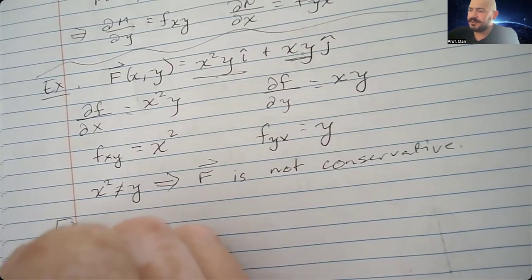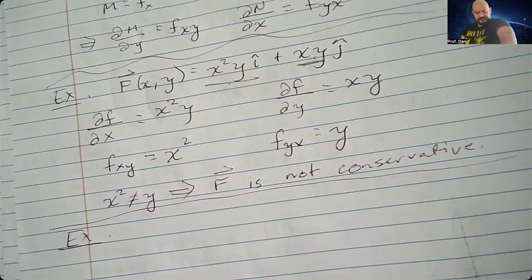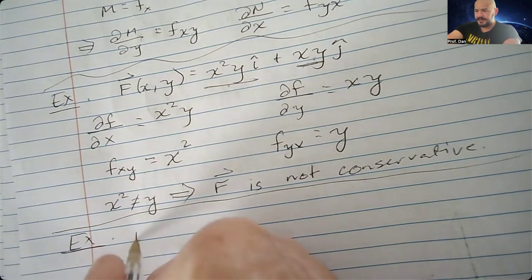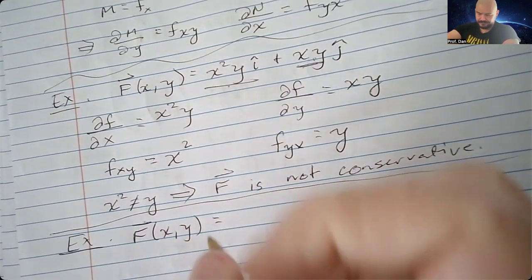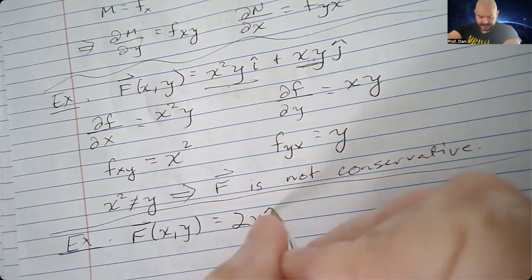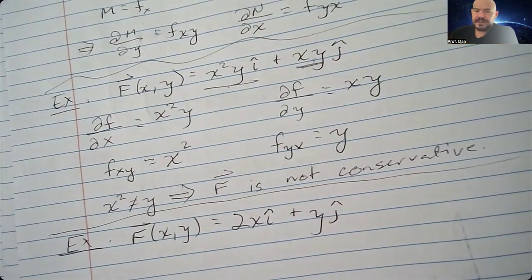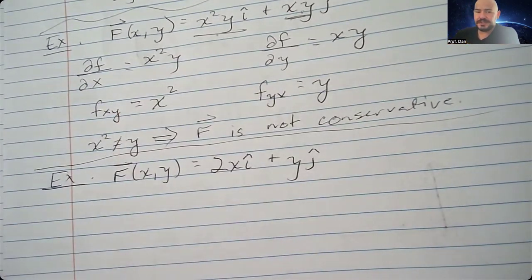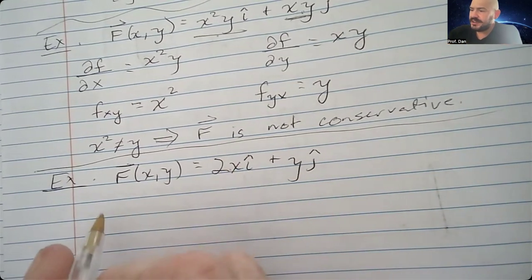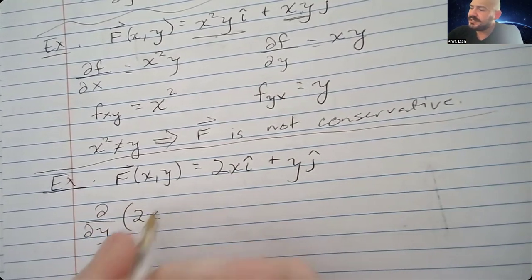All right, but let's look at another example. Let's say in this case we have the vector field F in the plane is equal to 2x i plus y j. So again, you can write it out like this if you need that visual, but you can also just say, I'm going to take the partial with respect to y of my x component.